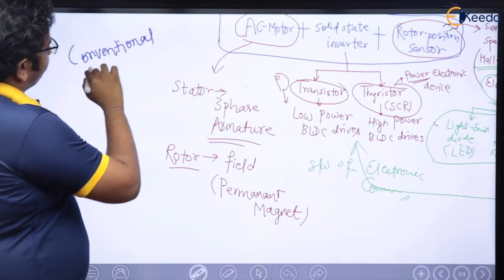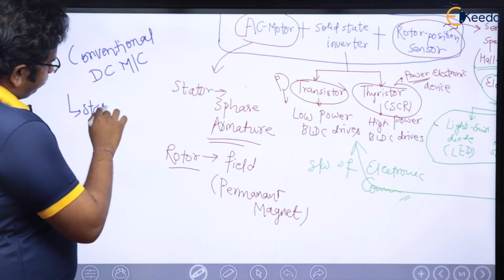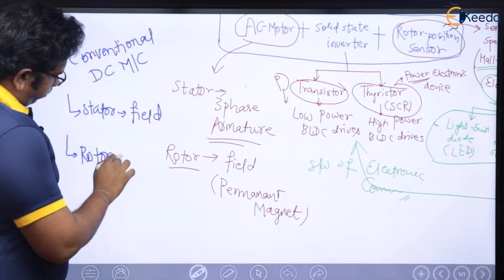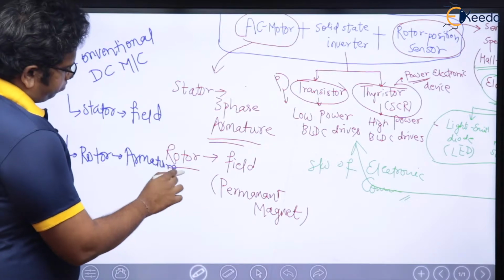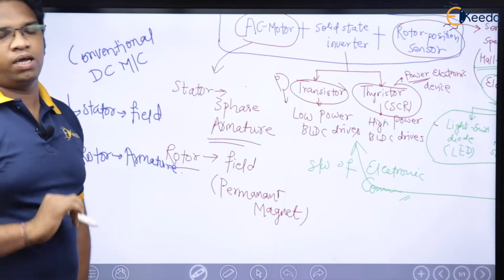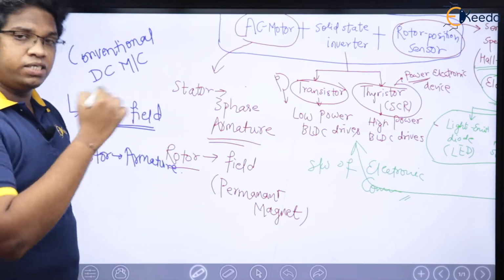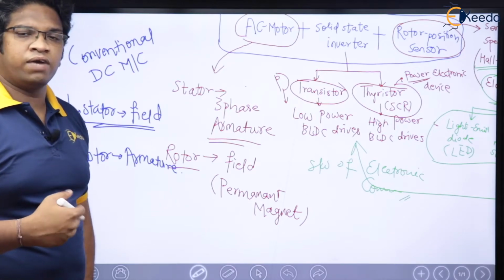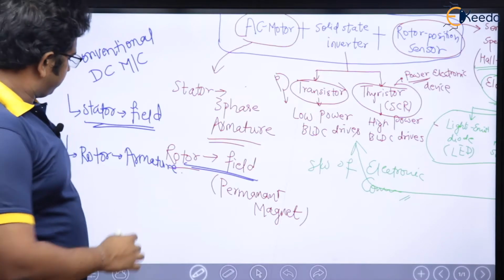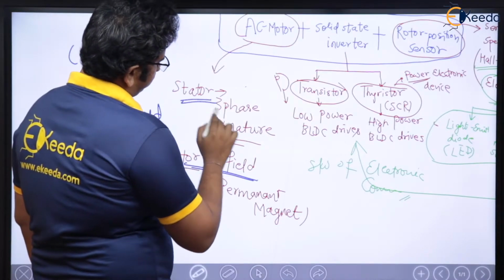In a conventional DC machine, on the stator we have the field, whereas on the rotor we have the armature. In the old syllabus DC motor, the stator used to have the field, whereas in the case of the BLDC motor, which is a new advancement, the rotor is going to have the field, whereas in our previous motor we used to have the armature on the rotor, and now we are going to have the armature on the stator.